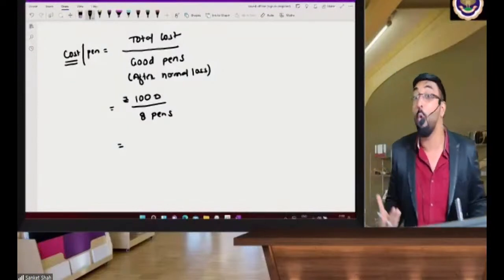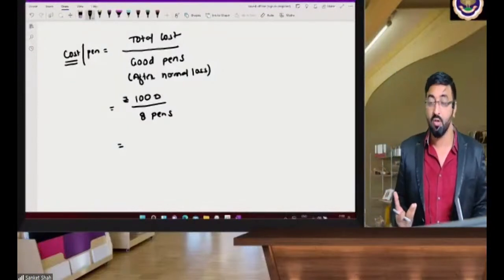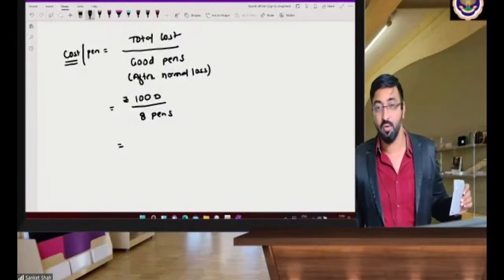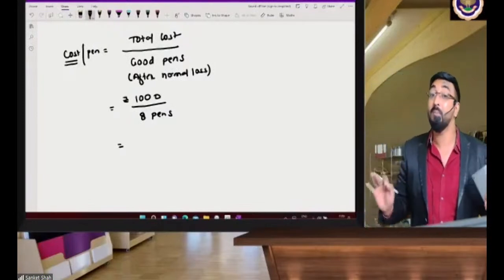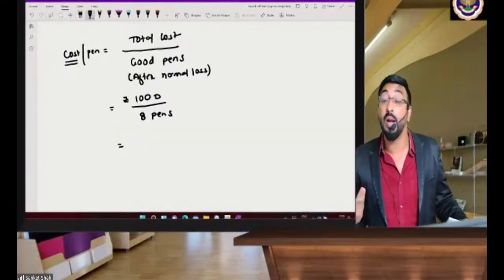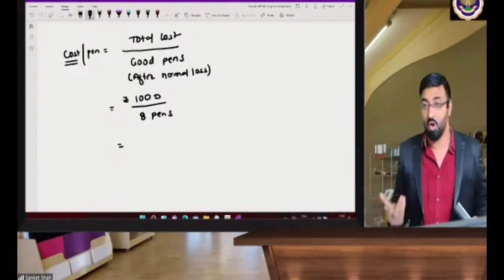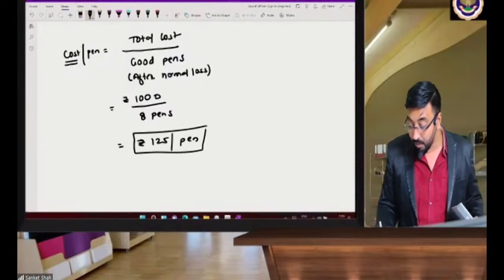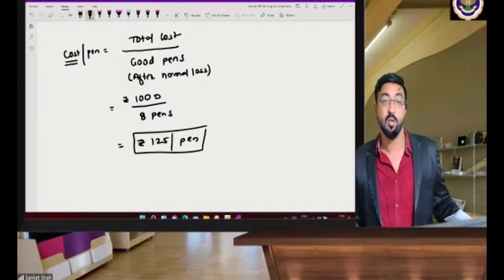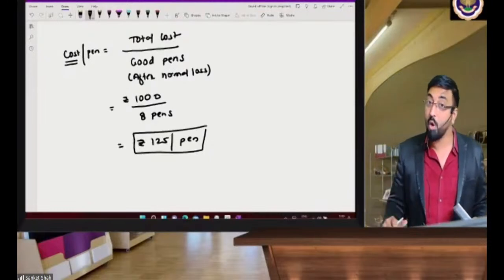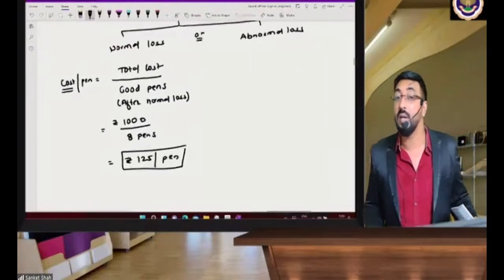You can't avoid this situation. Therefore this is rupees 125 per pen. So whenever you are recording your closing stock, you will record it at 125 only.